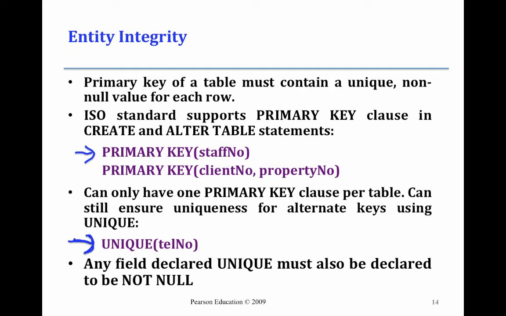But you still might specify, as an example, that a telephone number is unique. Okay, they don't duplicate telephone numbers. So that is a way of saying that it is unique. And if you do declare it unique, because of entity integrity, you also have to say not null. So you would also have to include not null there.